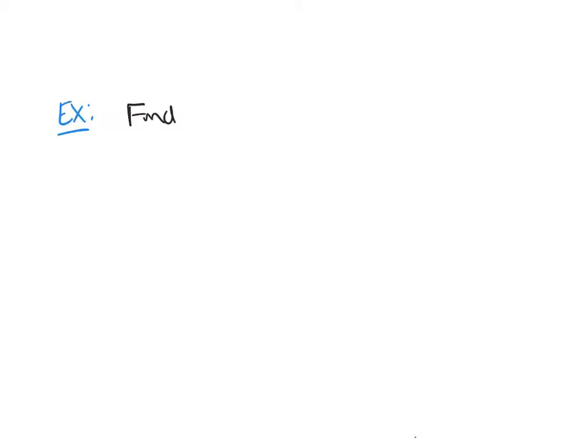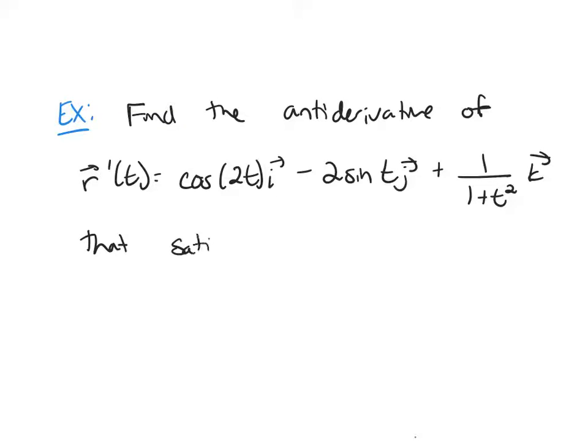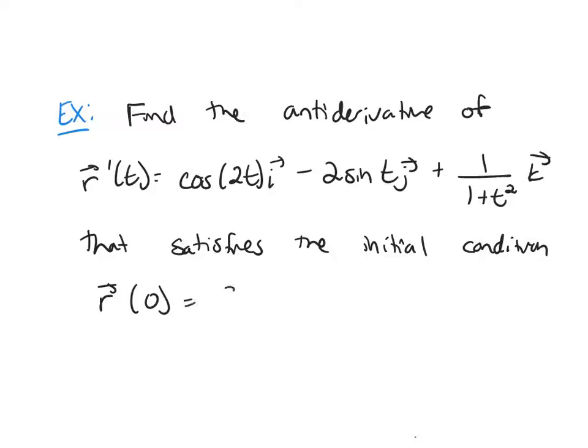I want to find the antiderivative of r prime of t equals cosine of 2t i minus 2 sine t j plus 1 over 1 plus t squared k, that satisfies the initial condition r of 0 is 3i minus 2j plus k.